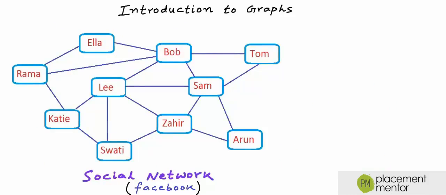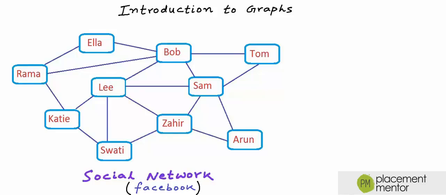A user would be a node in the graph, and if two users are friends, there would be an edge connecting them. A real social network would have millions and billions of nodes. I can show only few in my diagram here because I'm short of space. Now, social network is an undirected graph because friendship is a mutual relationship. If I'm your friend, you are my friend too. So connections have to be two-way.